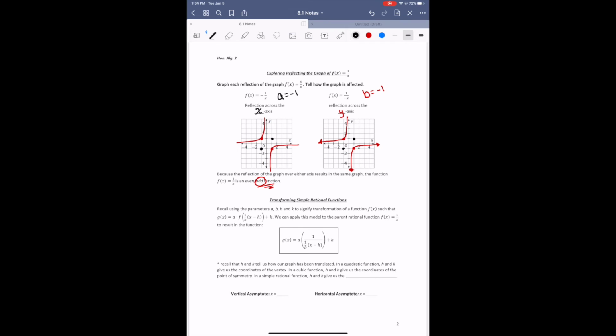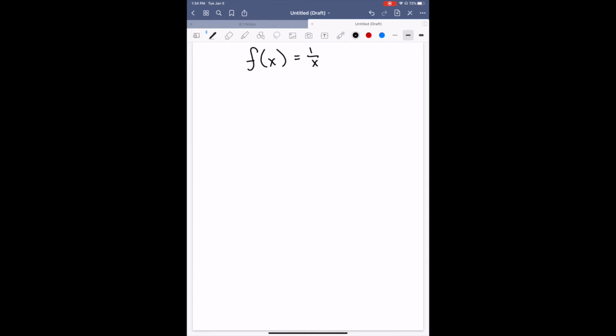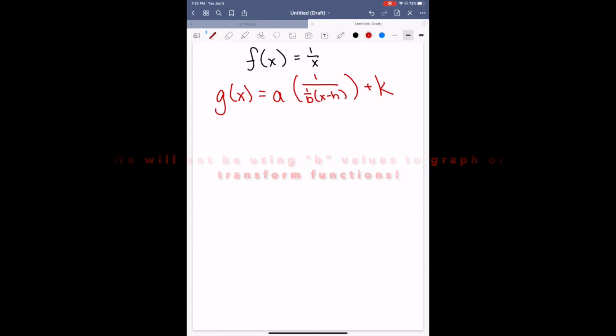Before we get into the next part of transforming simple rational functions, let's go back and talk about our parent function. Remember, our parent function is f of x equals 1 over x. Now, when it comes to a transformation, we are going to use g of x equals a times 1 over b times x minus h, plus k.